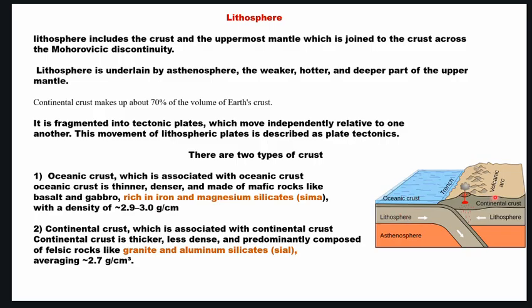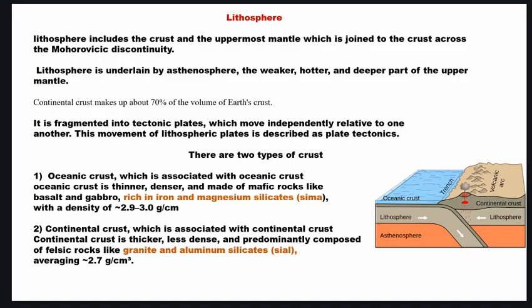All right. So the crust is divided into two. You have the oceanic crust, you have the continental crust. Do you understand? Yes. The oceanic crust is the denser, heavier crust. It is denser because the rocks that make up the oceanic crust are mainly gabbro and basalt.